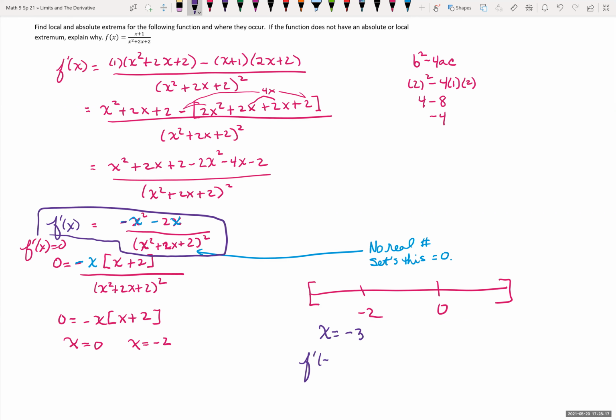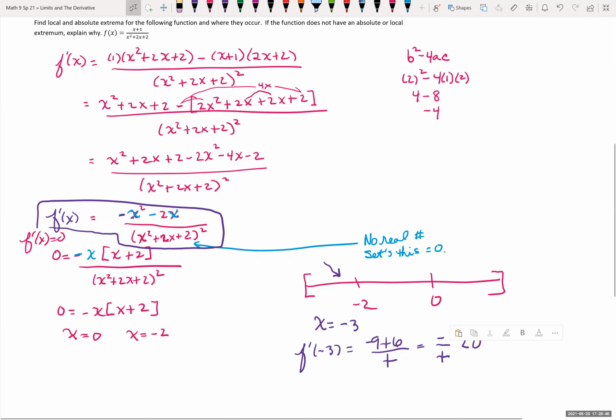And then negative 2 times negative 3 gives me a plus 6. So see, it's negative on top. The whole denominator is squared, so it's always going to be positive. So negative over a positive gives us something that is less than 0, so it's decreasing there.